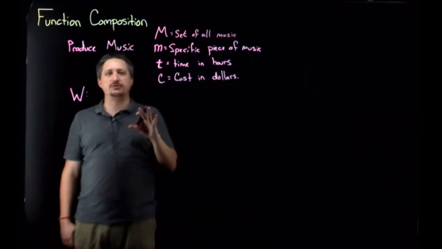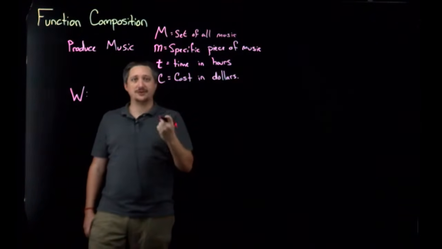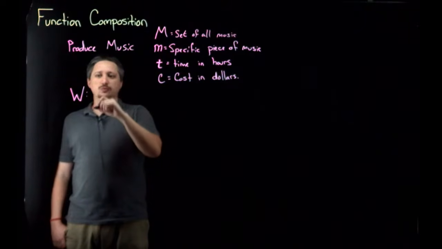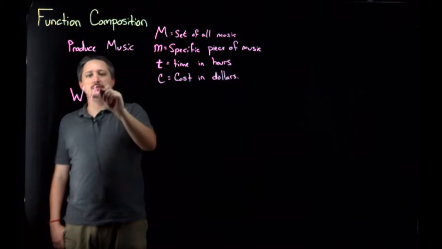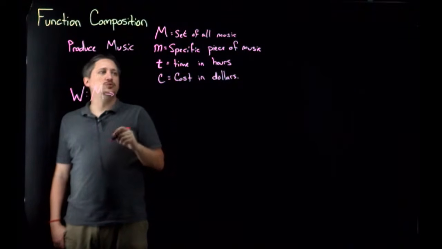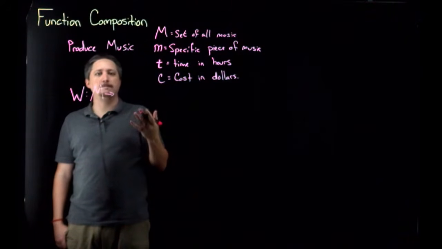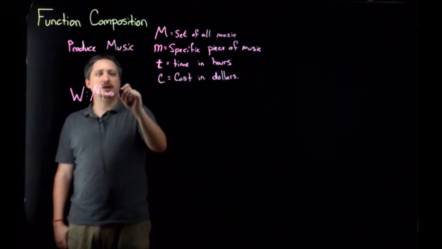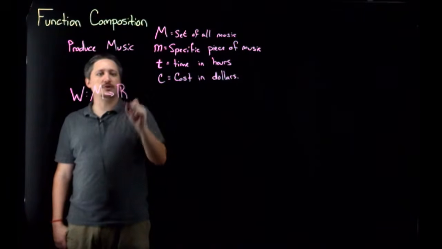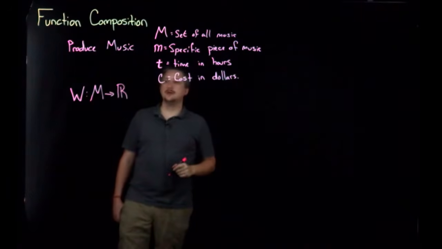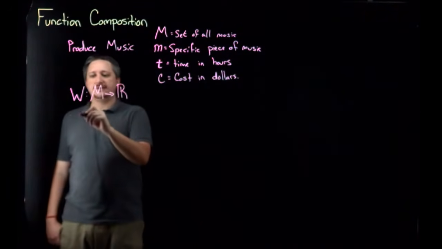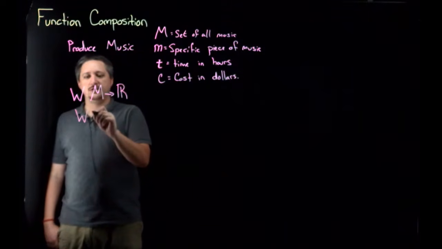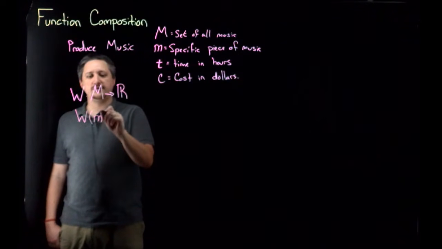I realize this is seeming abstract. Bear with me. I'm going to pull it back down to concreteness here soon. So this work function goes from all M to some positive real number. So it is definitely a real number. I'm going to use R. Okay. But really what it does is it takes a particular piece of music, right?